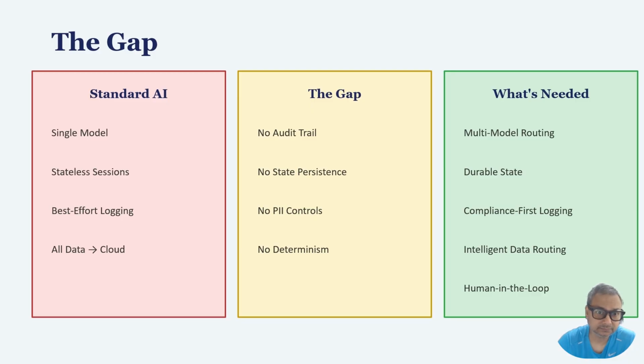On the right, what regulated verticals actually require: multi-model routing, the right model for the right task, durable state management, workflow state that survives across days, weeks, and months, compliance as architecture, every action logged by default, not by configuration, intelligent data routing, sensitive data stays where it belongs.